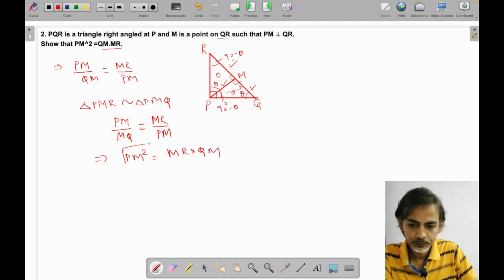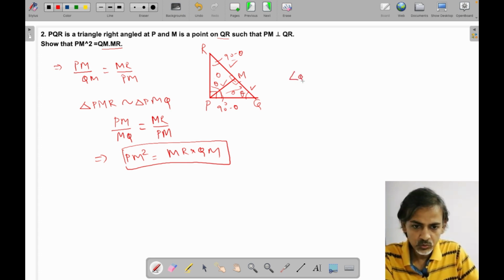So we got it. If you have not understood how we got this angle 90 degree minus theta and how this theta, let's do this part again. We'll call angle Q plus angle QPM plus angle QMP equals 180 degree. In a triangle, all these three angles will sum to 180 degree.